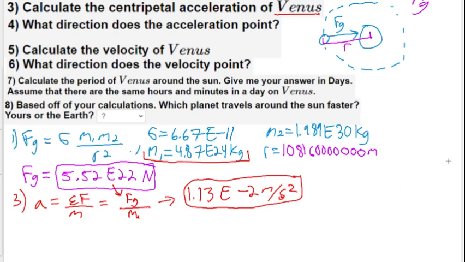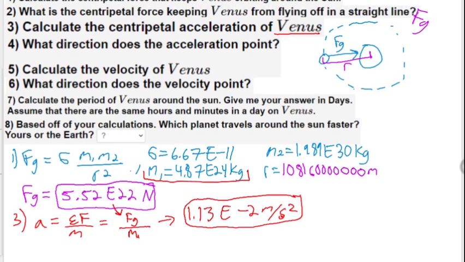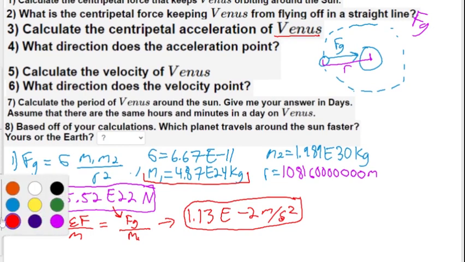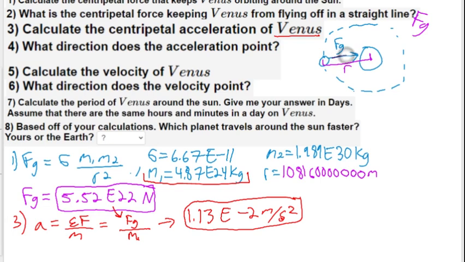I mean, it's not really small, but it is pretty small. Number 4 says, what direction does the acceleration point? So the force is pointed towards the middle. We know that acceleration points in the direction of the net force. Since Fg is our net force for this problem, it's also going to be the same direction that acceleration points. So I would say that the direction is inward.